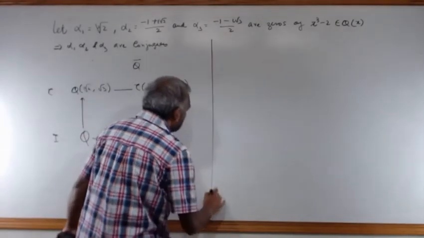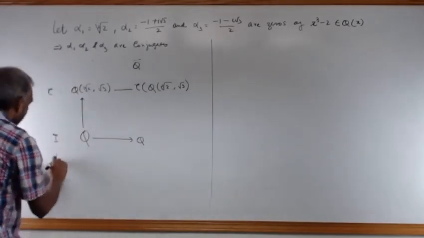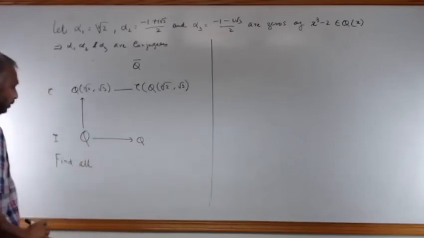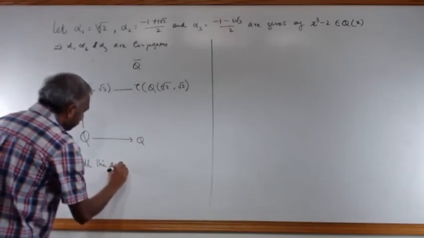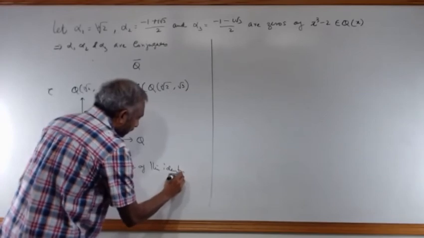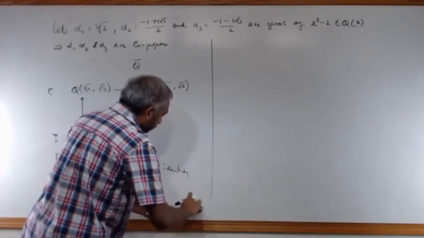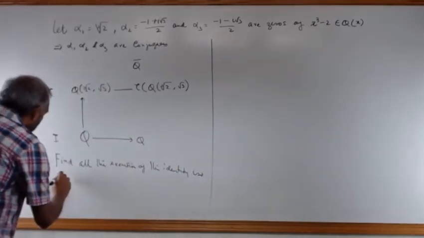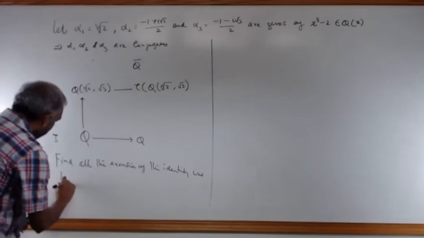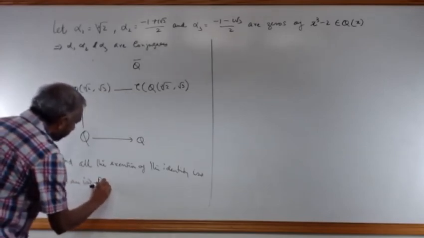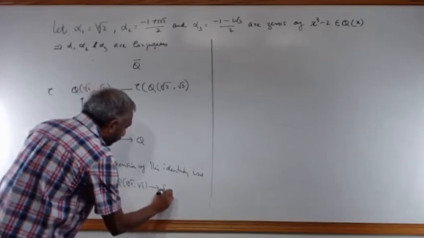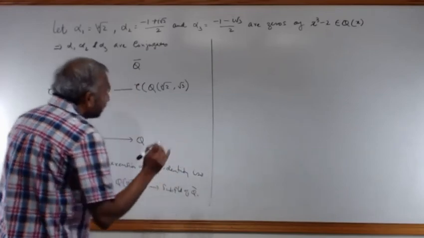So our question is, find all the extensions of the identity isomorphism to an isomorphism from Q of cube root of 2 comma root 3 to a subfield of Q closure. That is our problem.